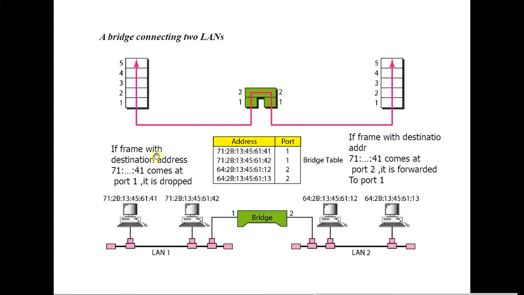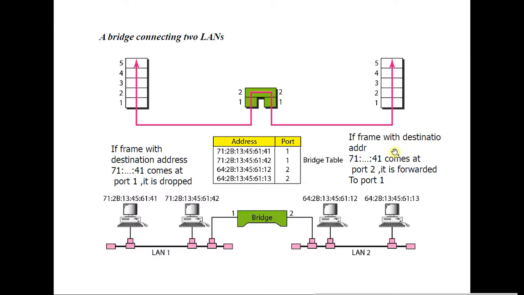If a frame with a destination address comes at port 1, the bridge drops that frame if the destination is on the same side. For example, if node 42 sends a frame to node 41, using the MAC address of 41, the bridge drops the packet, because the destination node is on the same LAN segment.